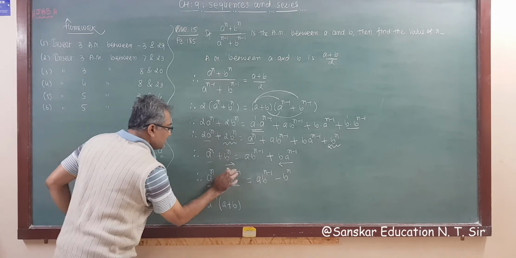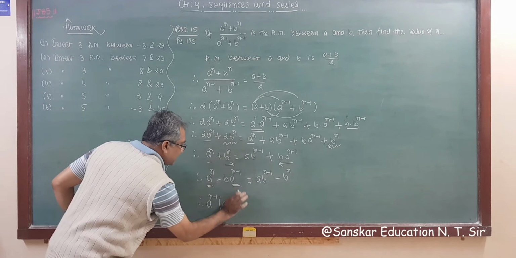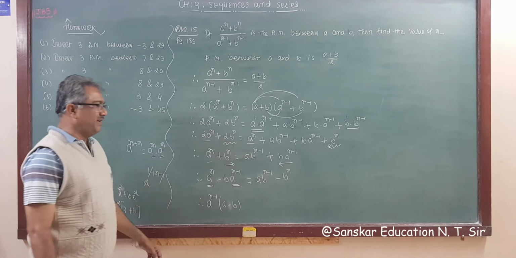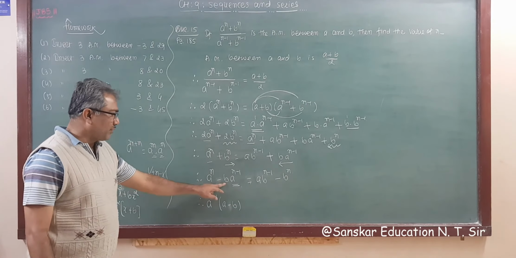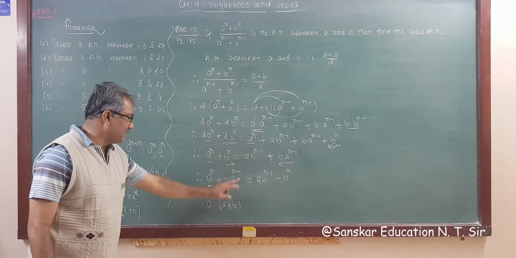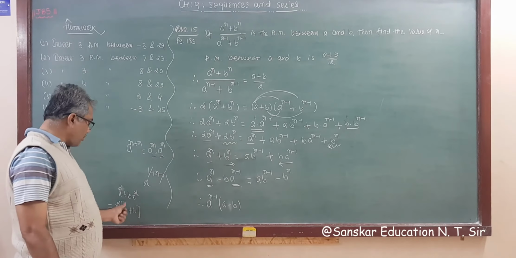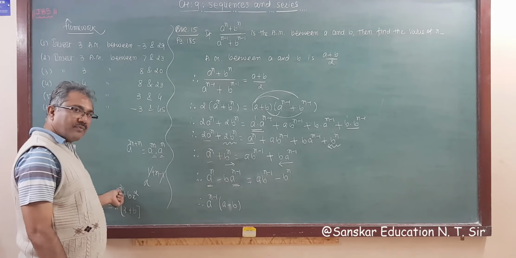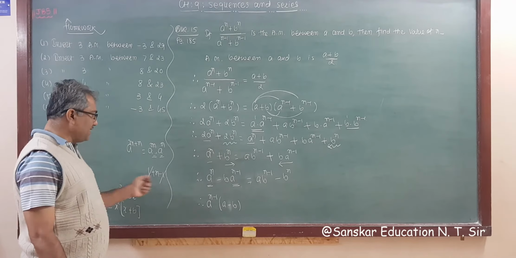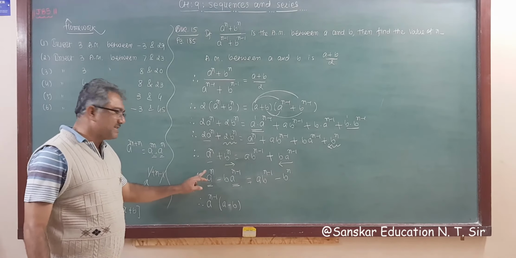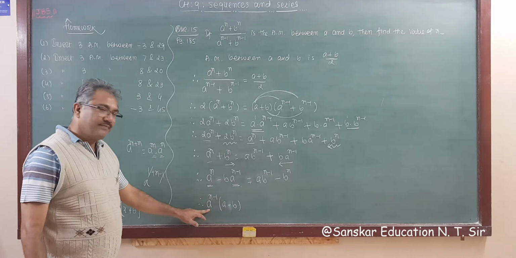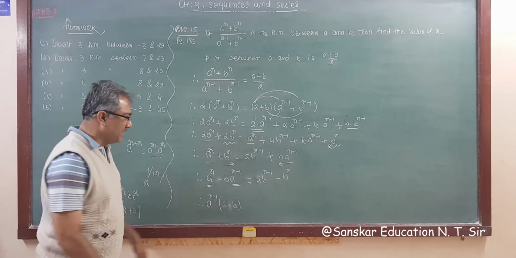Sorry, I am taking minus, so a minus b is remaining, right? Because b is as it is and we are taking this common, small power common, then this is 1 more than n minus 1, if we add plus 1, then it becomes n. So a raised to n is common, minus 1, so 1a is remaining.